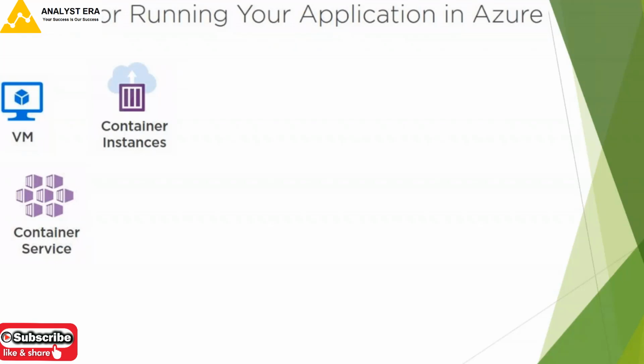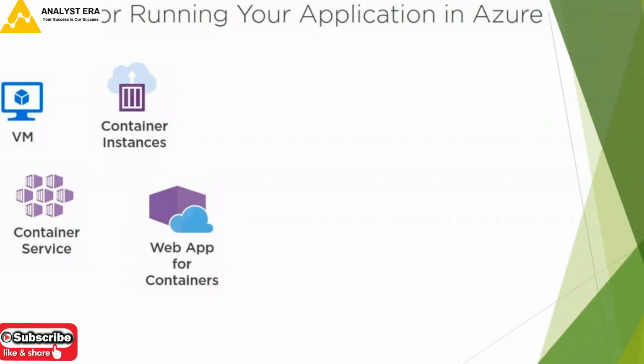The container service will help me deploy my application in multiple containers. The container instances will help me deploy my application in one instance. If I just want one instance, I'll go with container instances. If I have multiple instances, I'll go with container service. Web apps is what you use to deploy your application, and web apps for containers, you are essentially using web apps.